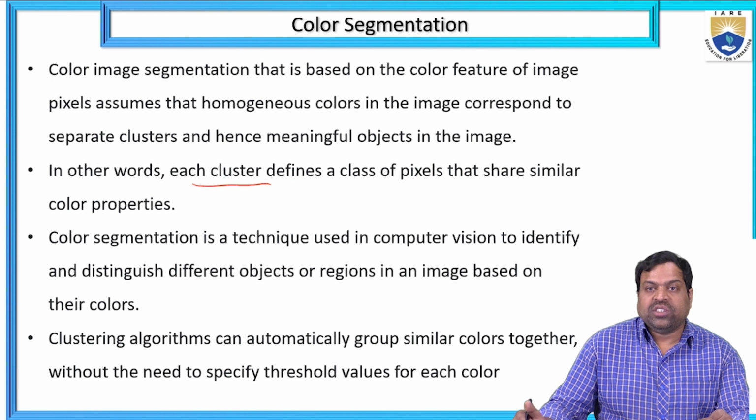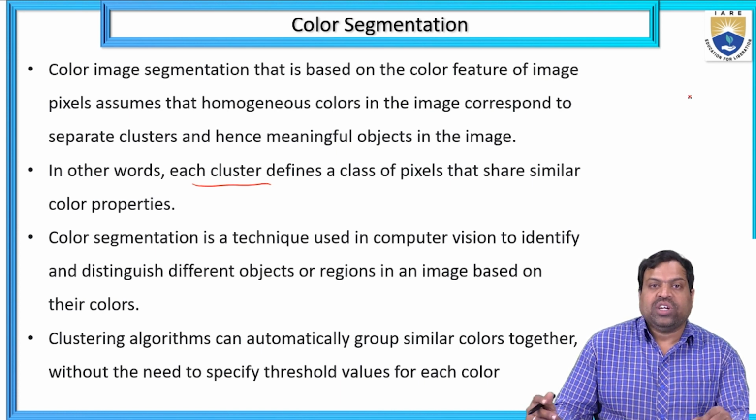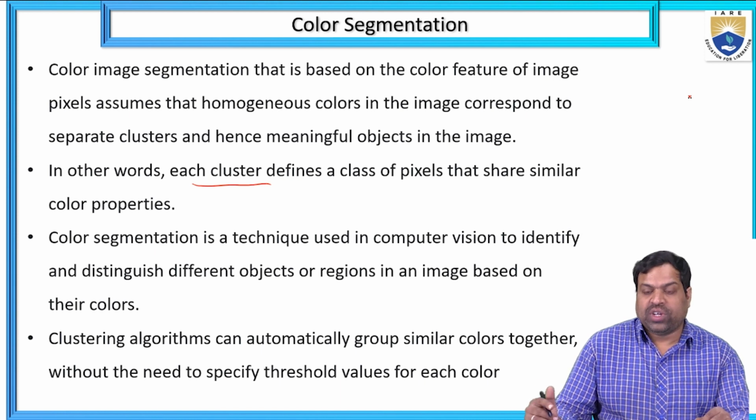Color segmentation is a technique used in computer vision to identify and distinguish different objects or regions in an image based on their colors. Clustering algorithms can automatically group similar colors together without the need to specify the threshold values for each color. Segmentation means it will identify the objects of the image.